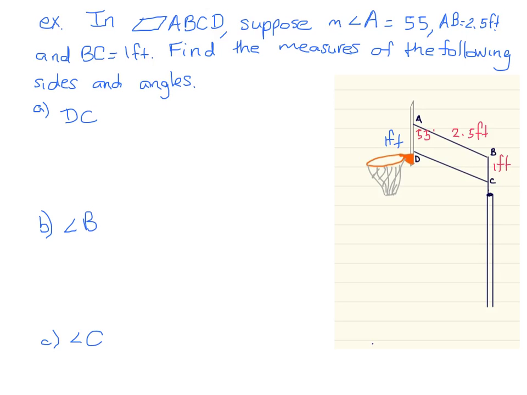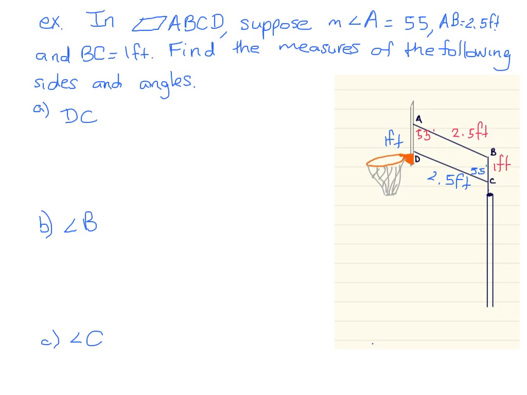Again, opposite sides are congruent, so since this is 2.5 feet, that means this is also 2.5 feet. We know opposite angles are also congruent. So since this is 55 degrees, this here is also 55 degrees. So we can put that in, very tiny.